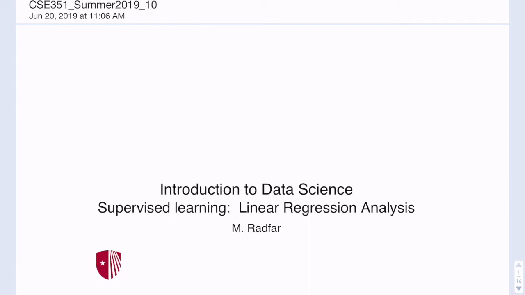For today's lecture we are focusing on supervised learning, and first of all I'll give you a formal definition of supervised learning. There are two types of supervised learning in machine learning: classification and regression.